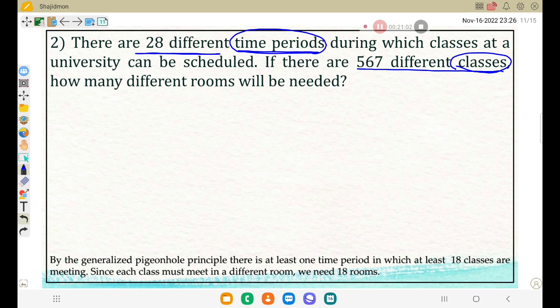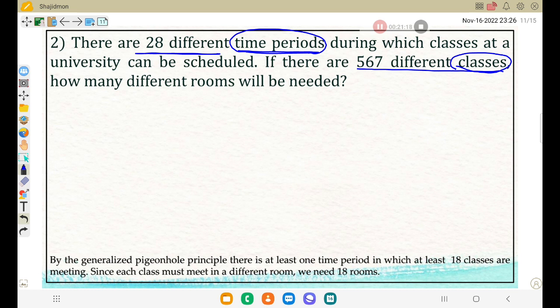What is the pigeon and what is the pigeonhole? You can see the pigeon number will always be the bigger number. That is one of the ideas. But think logically, how are we doing this? We are scheduling classes in the time periods. For example, a math class we are scheduling from 10 to 12.